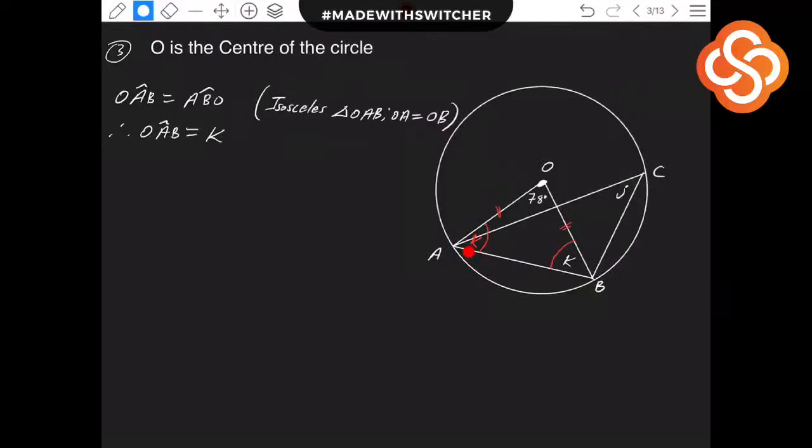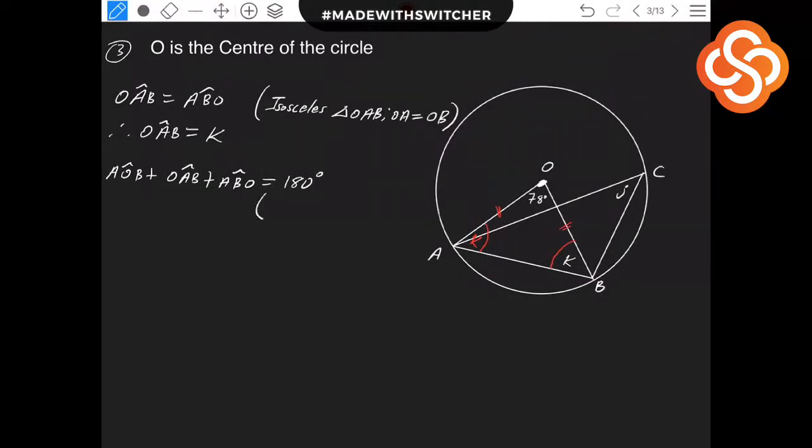Okay, the next thing we're going to do, since we're looking for the value of K, is add these three angles there. They sum up to 180 degrees. So we say AOB plus OAB plus ABO is equal to 180 degrees.